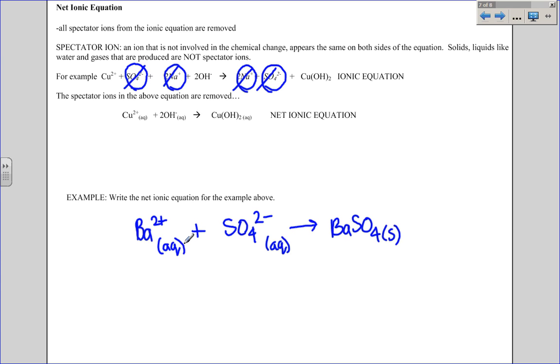Now these ions are still aqueous. They were aqueous from the beginning, which just means it's dissolved in water. So to properly label a net ionic equation with the states, we'll list them as aqueous for the barium and the sulfate, and we'll put the S because the barium sulfate is our solid. So that's how you produce a net ionic equation.